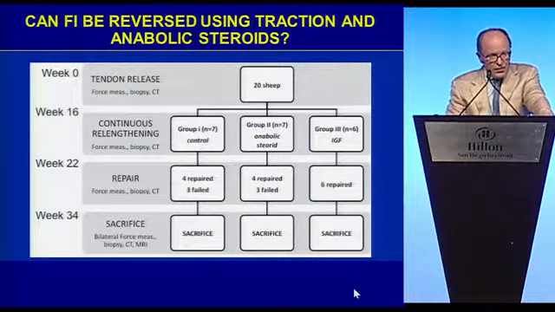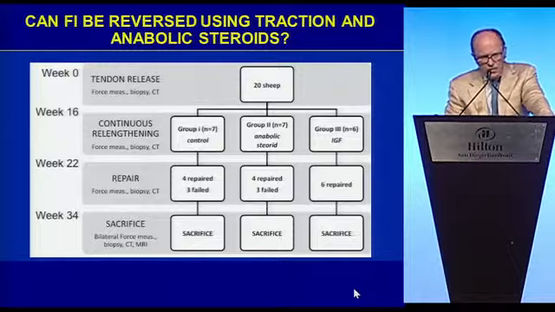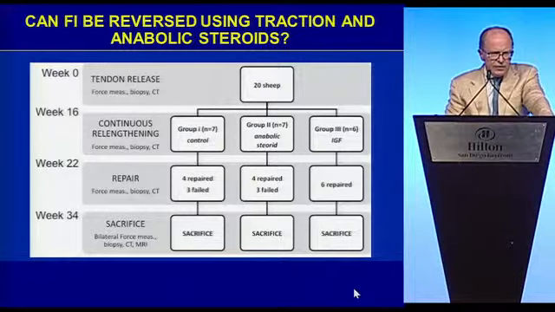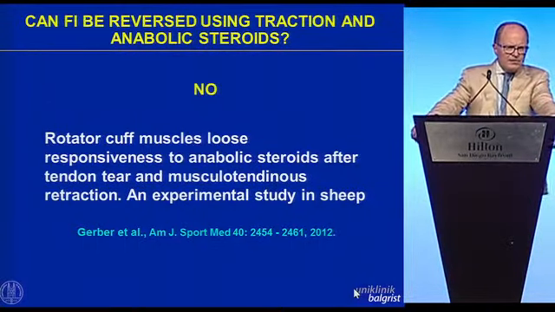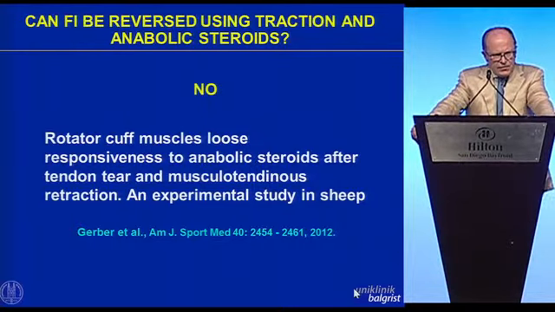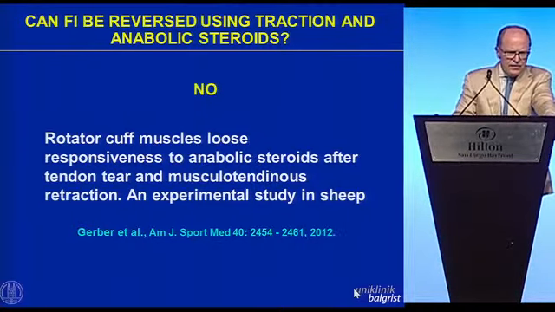The question was, do anabolic steroids or insulin-like growth factor help to treat the fatty infiltration? And the answer is no. Rotator cuff muscles lose the responsiveness to anabolic steroids after tendon tear and musculotendinous retraction.